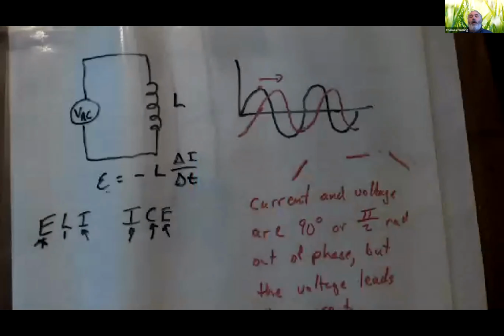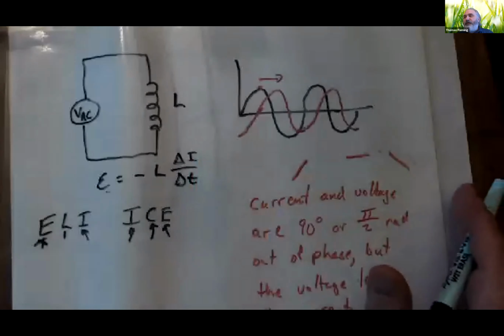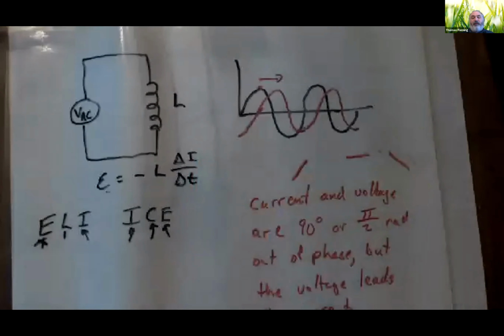Now, if my current only goes from positive to negative once every 5 seconds, that means the current is going to change super, super slowly. But if my current is going from positive to negative 100 times per second, if I'm at a frequency of 100 hertz, then it's got to change super, super rapidly to get all those changes in.